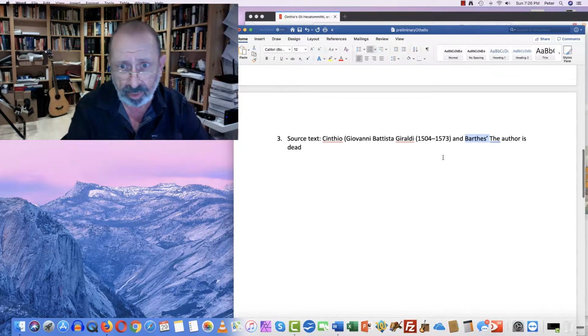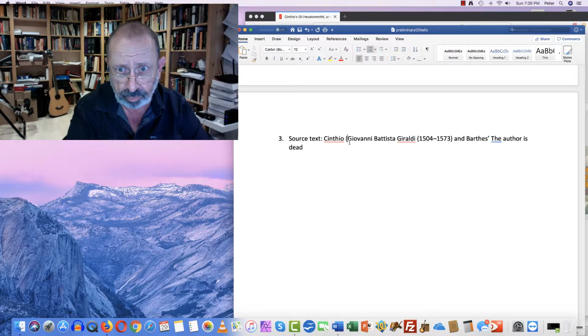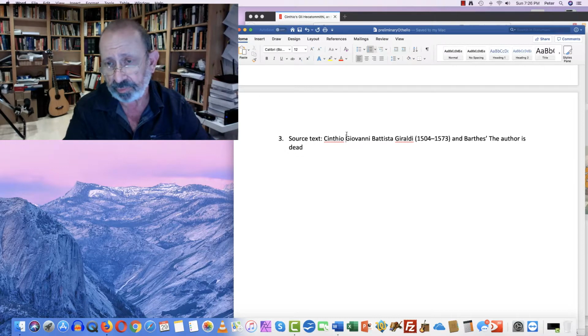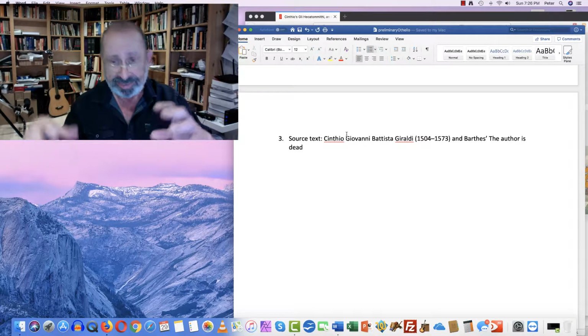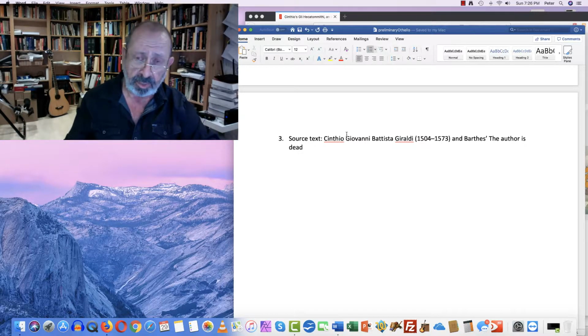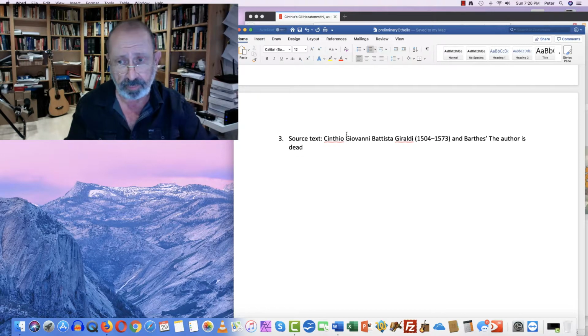Sometimes it's possible to glean an author's intention if they wrote a letter to another friend of theirs saying, in this particular play or poem, I really intended to do this. Sometimes, as in the case of Dracula, we have Bram Stoker's manuscript, and we can see systematically the changes that he made in pen as he began to modify the story.